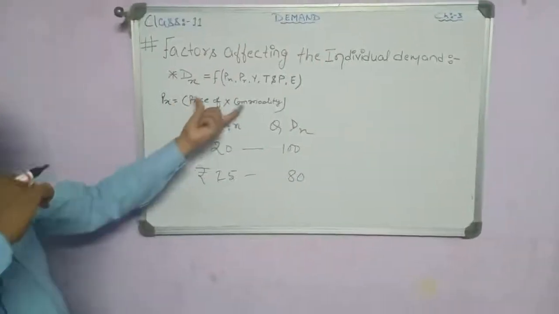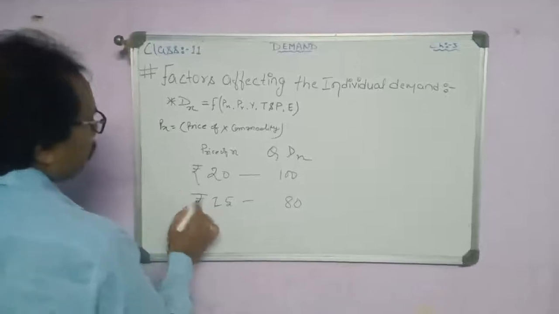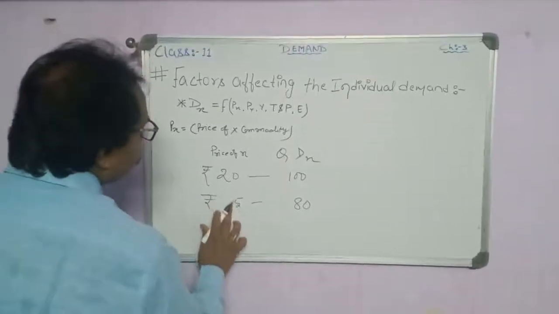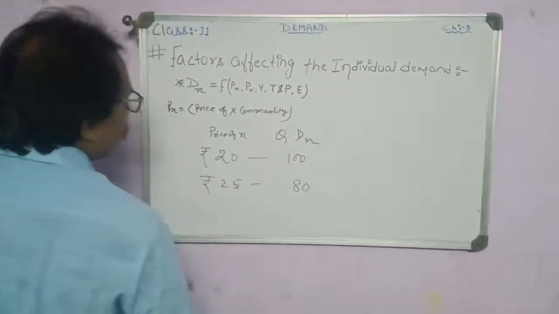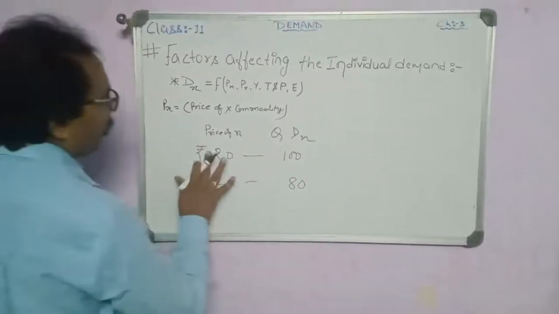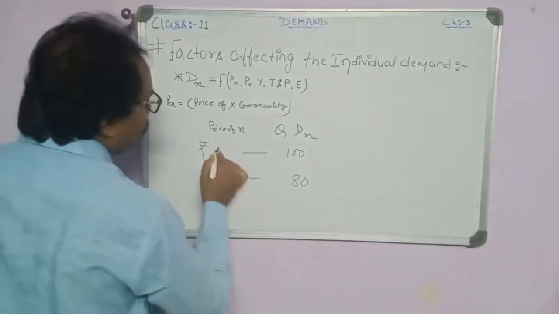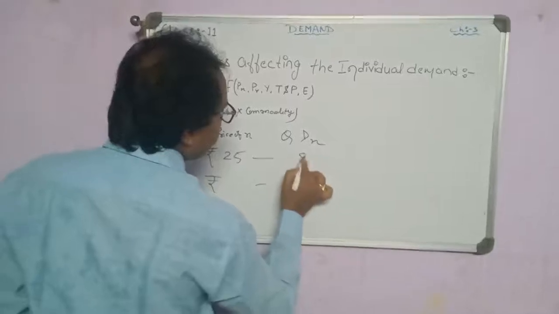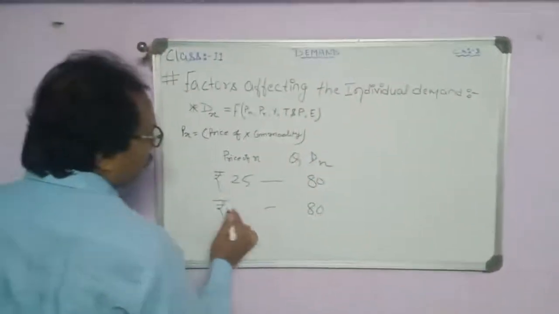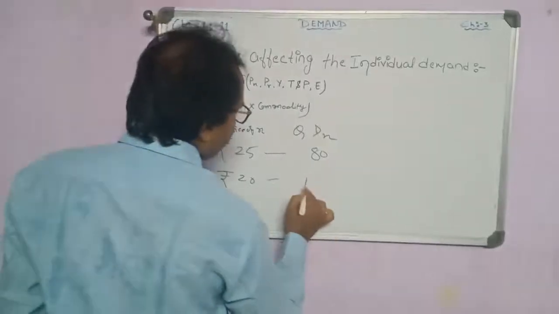So how does it affect the demand? It would be better to write it in this way. When the price is 25, the demand is 80, and when the price is 20, the demand is 100.